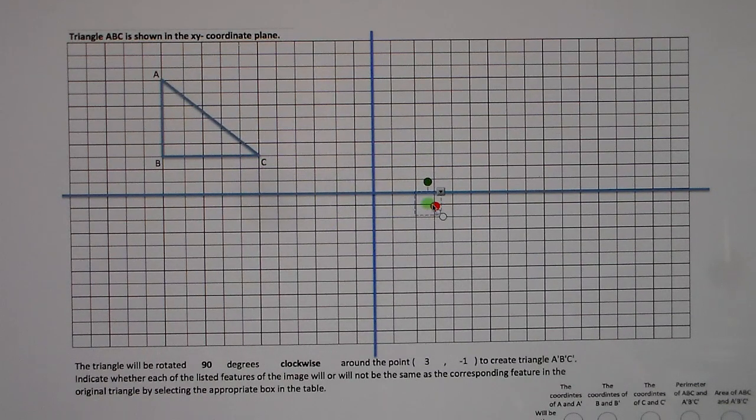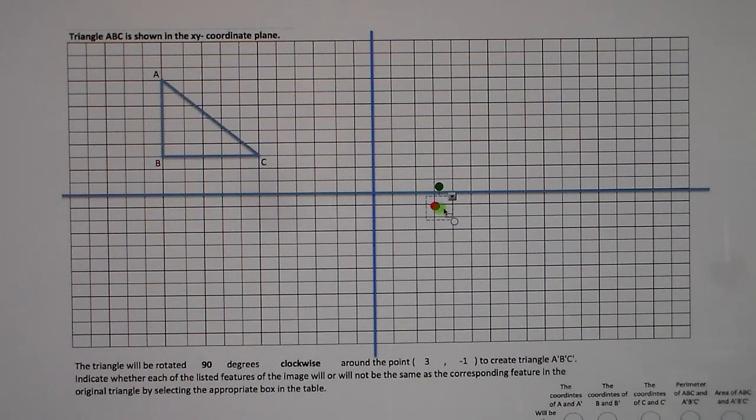90 degrees. So things that are west are going to become north, and things that are north are going to come east. In other words, if it's left, it's going to go up, and if it's up, it's going to go right. So we got 1, 2, 3, 4, 5, 6, 7, 8, 9 to the left, and then 1, 2, 3, 4 up.